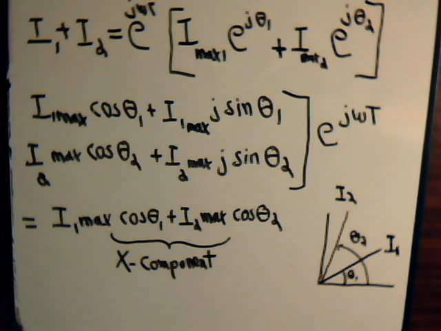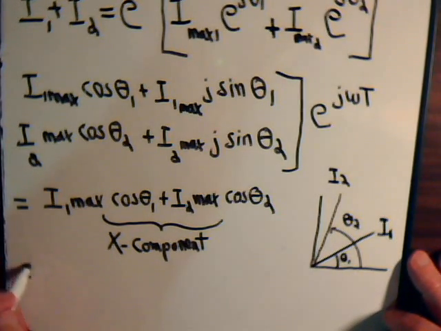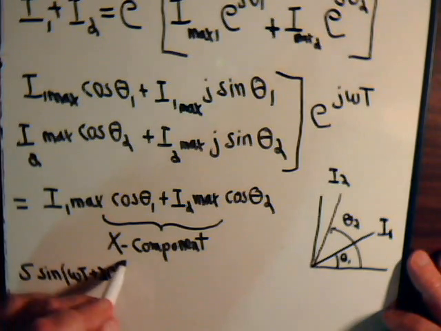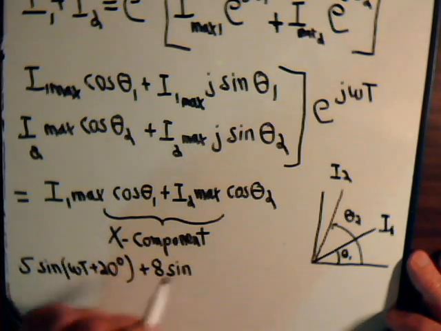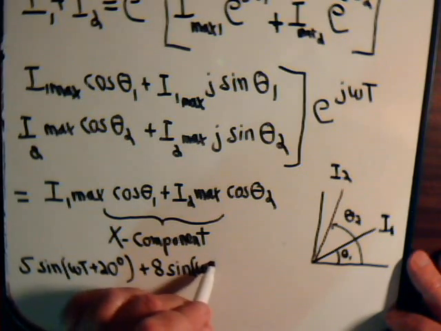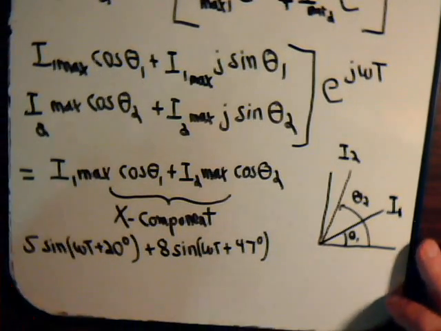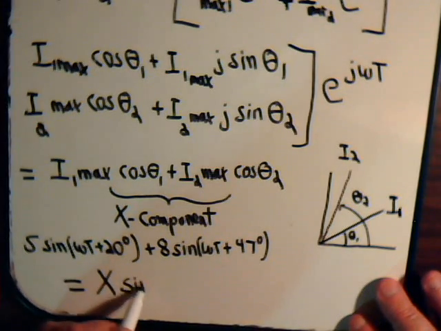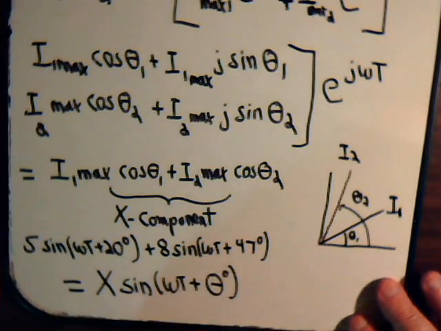And remember, when we have, say, 5 times the sine of omega t, say plus 20 degrees, and then we have, say, plus 8 times the sine of omega t plus 47 degrees, then that would equal, we said, x times the sine of omega t plus some phase angle theta.